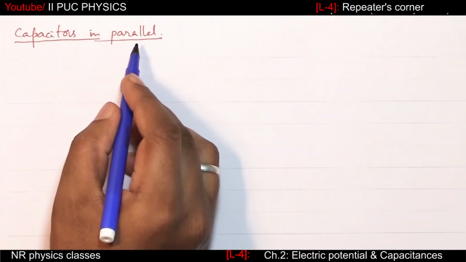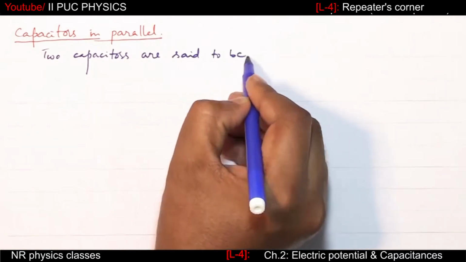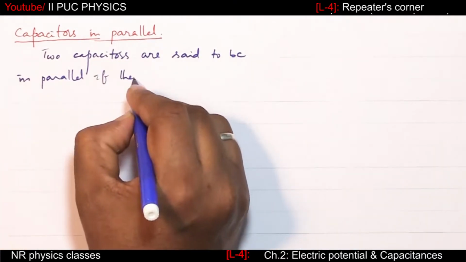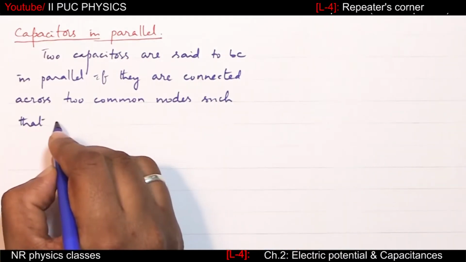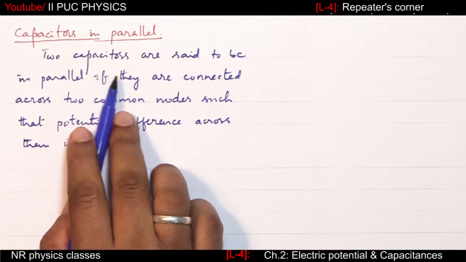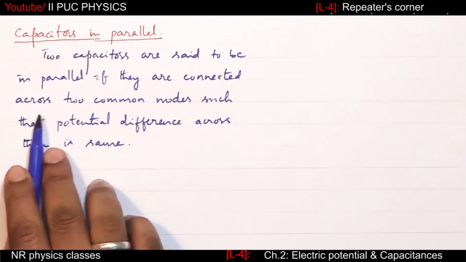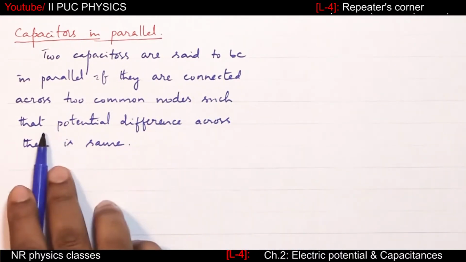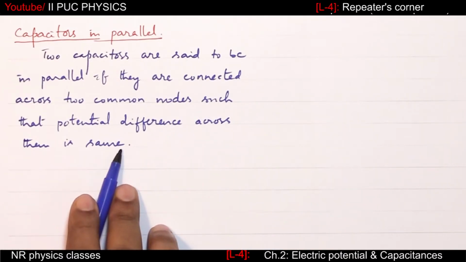Capacitors in parallel. Two capacitors are said to be in parallel if they are connected across two common nodes such that potential difference across them is same.